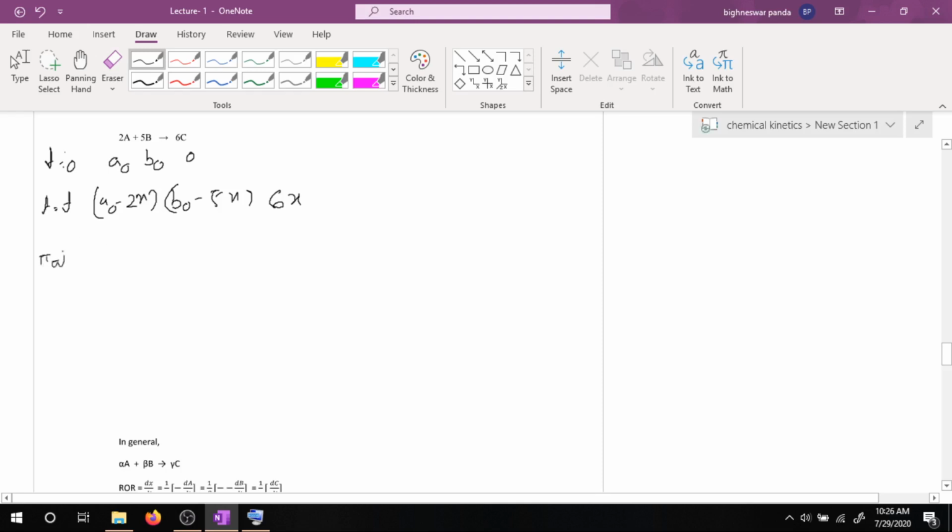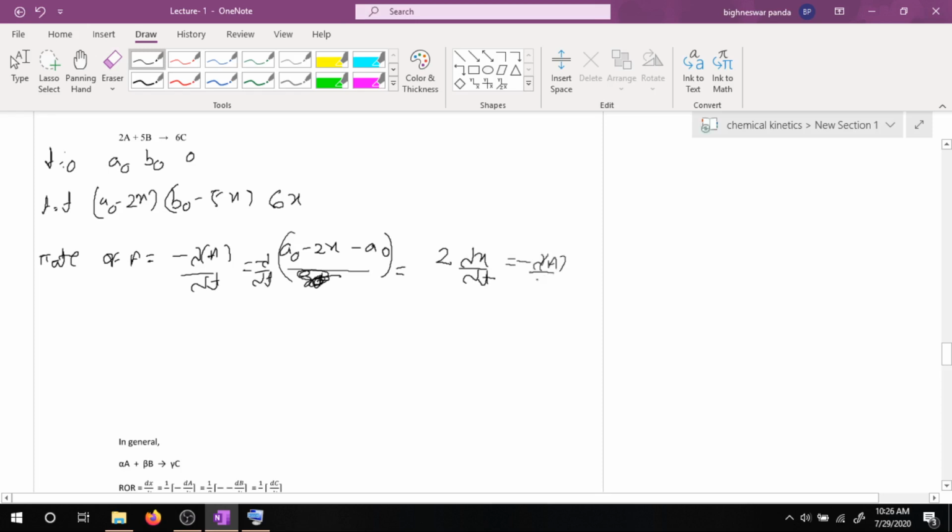So here I can say that rate of A, minus dA by dt, equals A naught minus 2x minus A naught, divided by t, equal to 2 times dx by dt, equal to minus dA by dt.